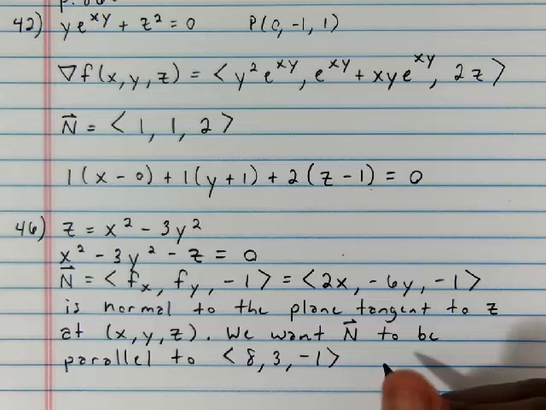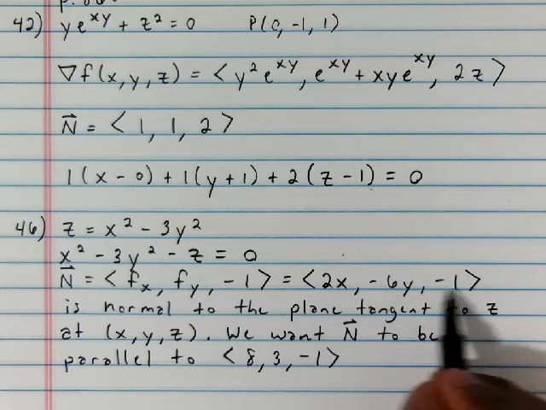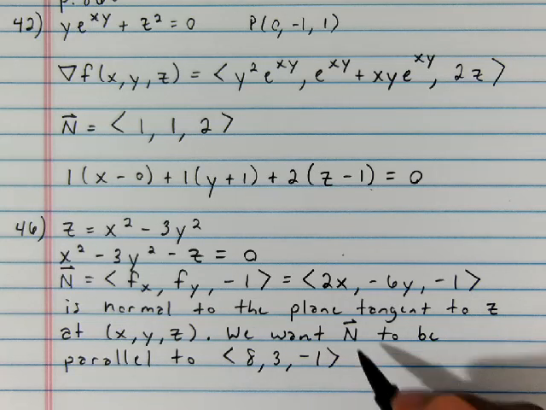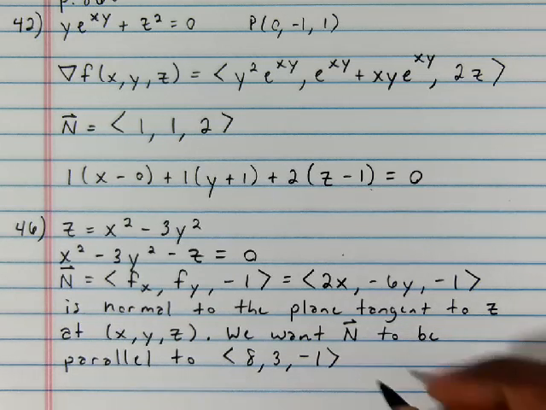So now we're going to set this equal to some constant times that. Parallel just means that this is equal to some constant times that.